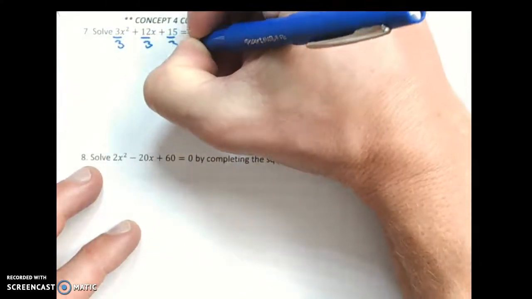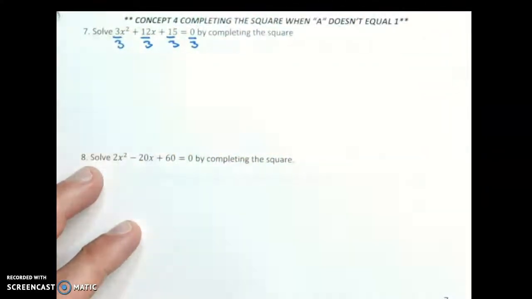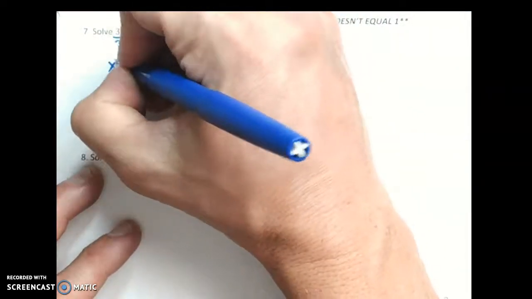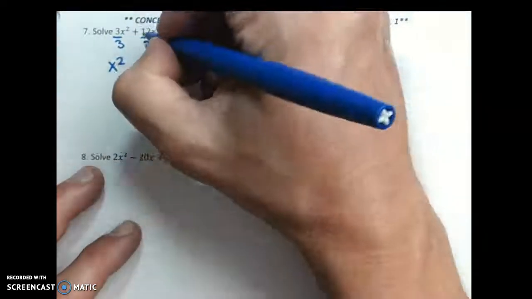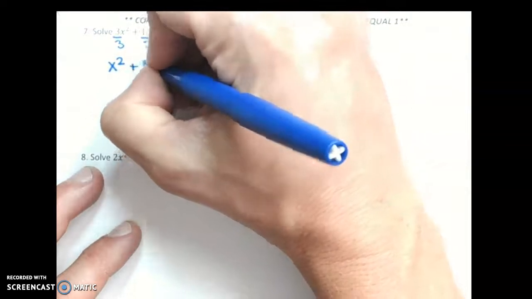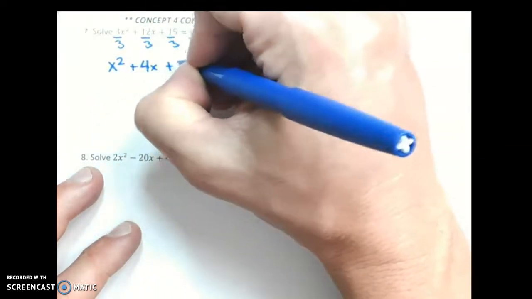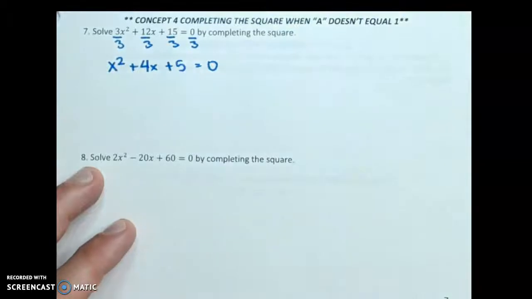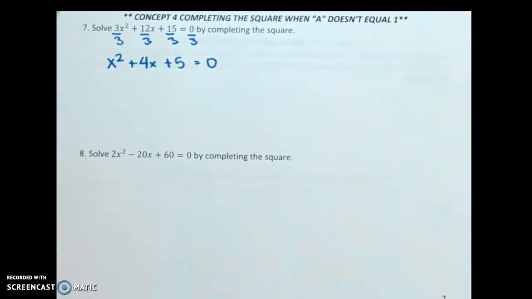If I divide by 3 to everything, 3 divided by 3 is 1, and I get 1x squared, or just x squared. 12x divided by 3 is 4x. 15 divided by 3 is 5, and 0 divided by 3 is 0. And now I've made my a term 1.